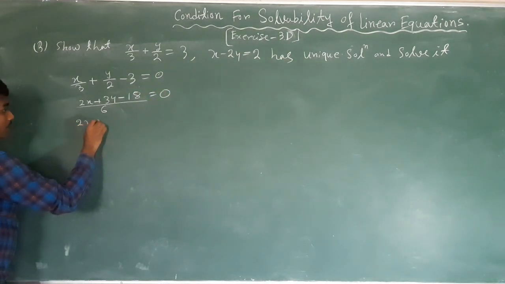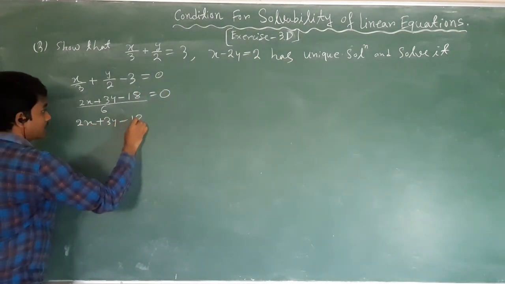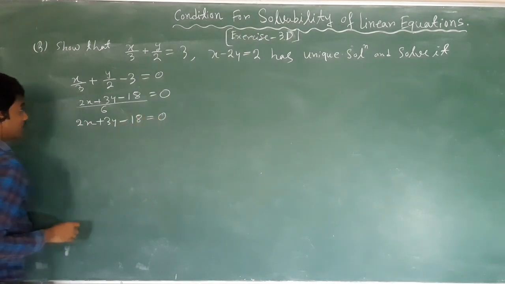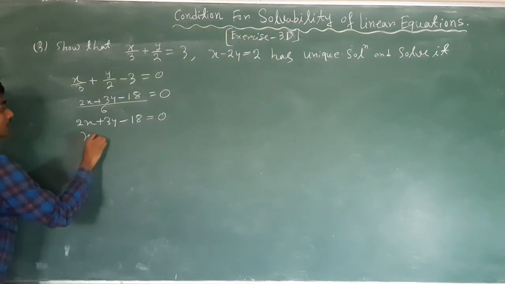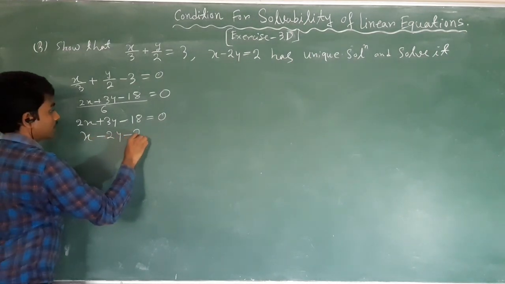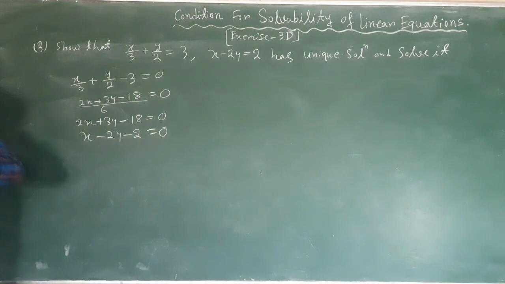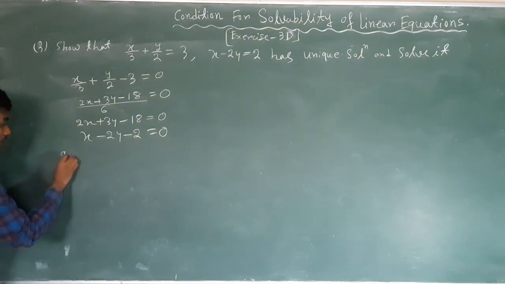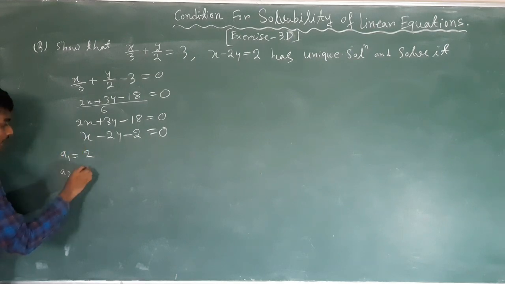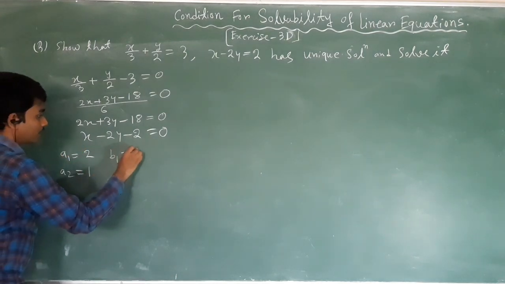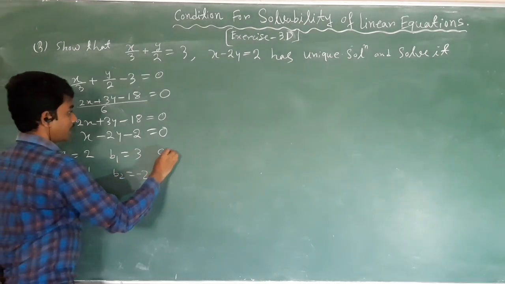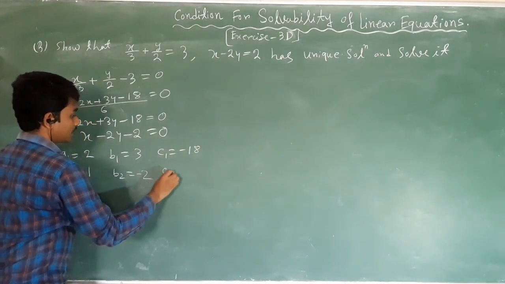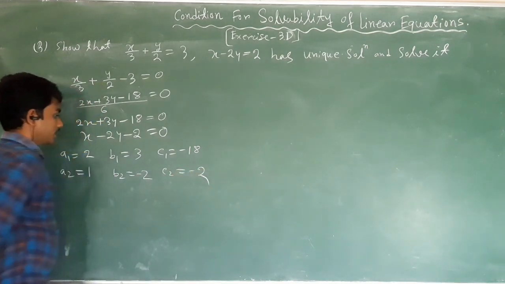And the second equation can be written as x minus 2y minus 2 is equal to 0. So a1 is equal to 2, a2 is equal to 1, b1 is equal to 3, b2 is equal to minus 2, c1 is equal to minus 18, c2 is equal to minus 2.